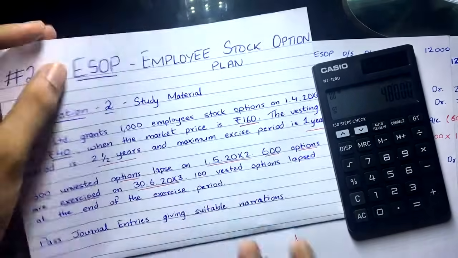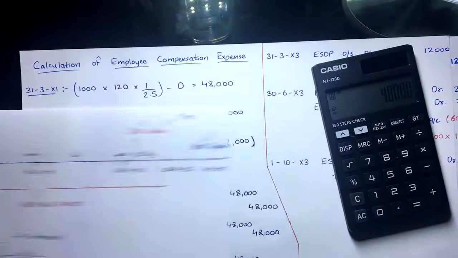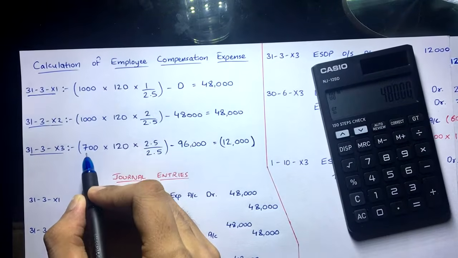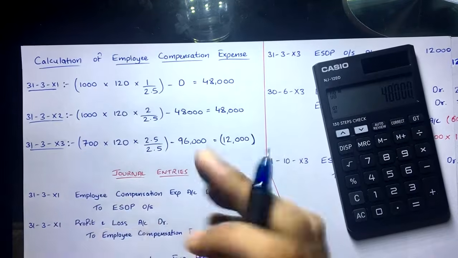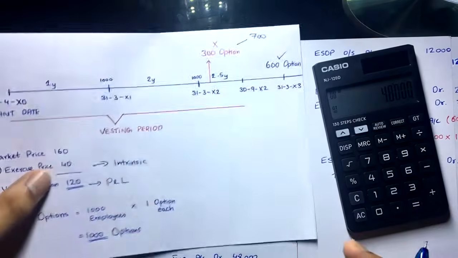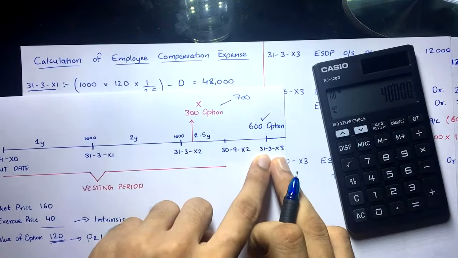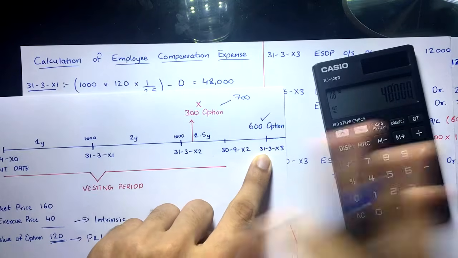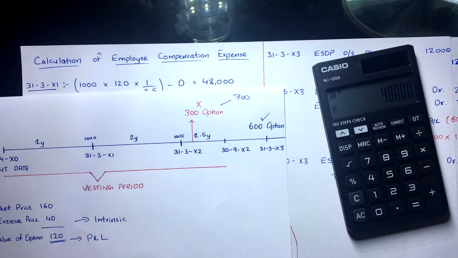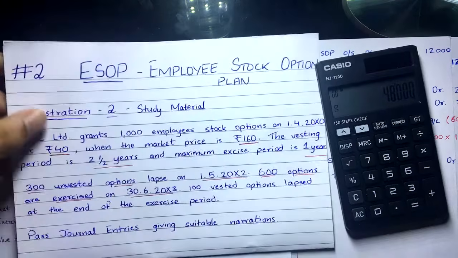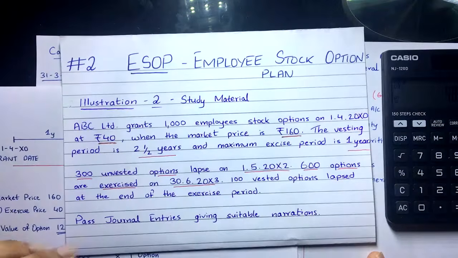So now we can safely say that 700 options will be exercised in the future. We can estimate that, right? Till 31st 3x3, employees haven't exercised anything. When did they purchase the shares?